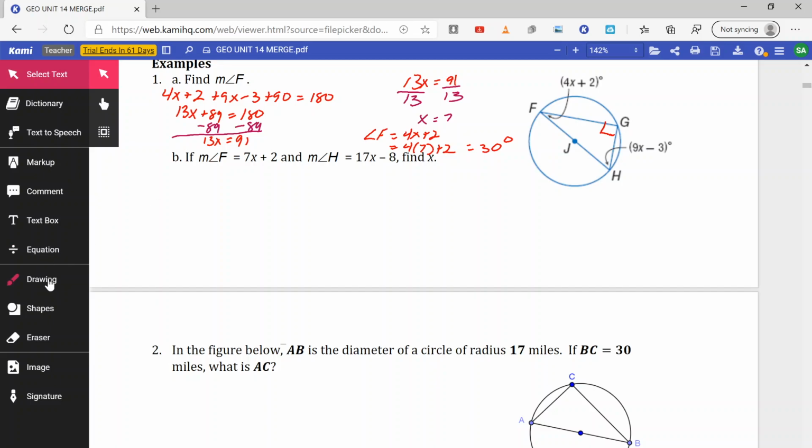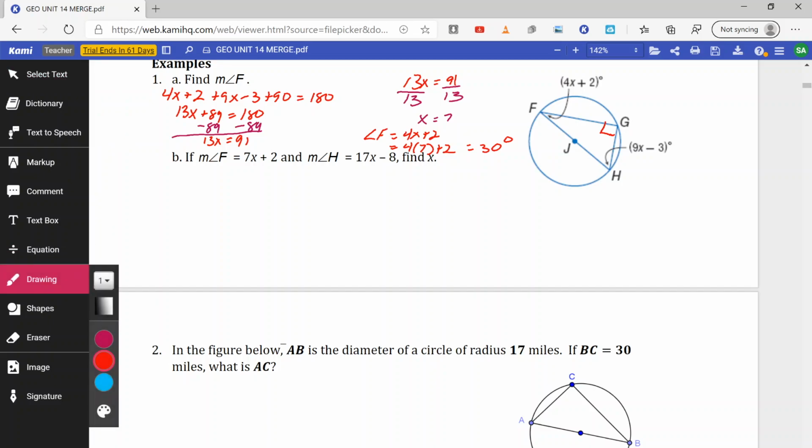So we can add these plus the 90 degrees to get 180. So 7x plus 2 plus 17x minus 8 plus 90 gives me 180. Add like terms, 7x and 17x makes 24x. 2 minus 8 plus 90 gives me 84. I'll subtract 84.